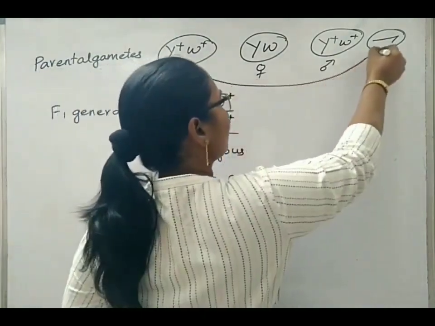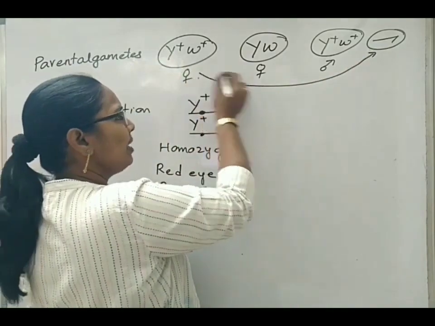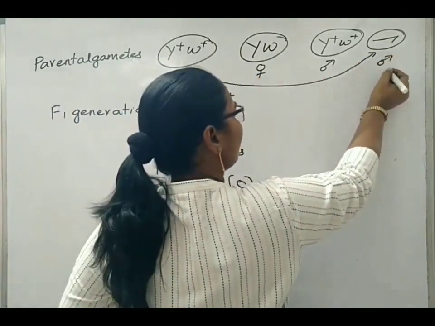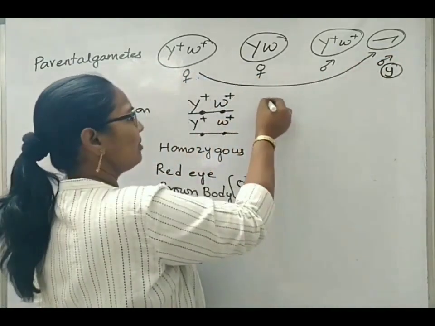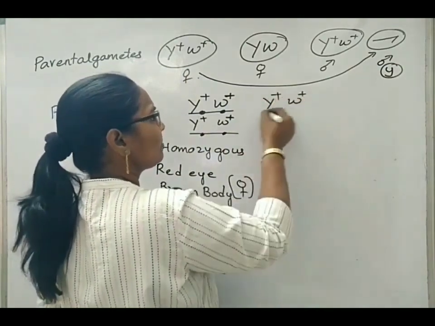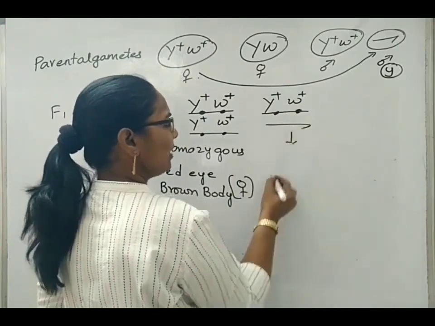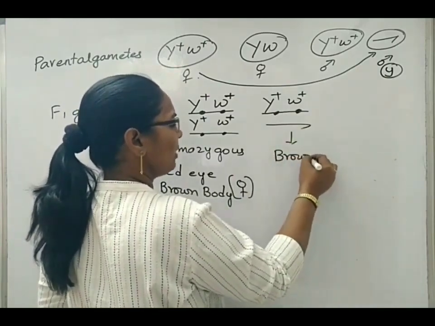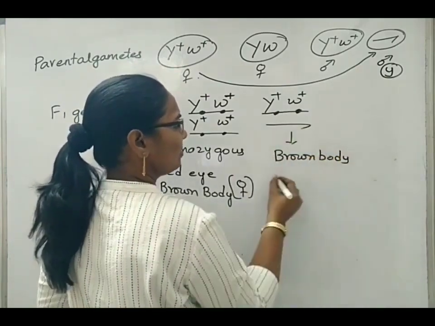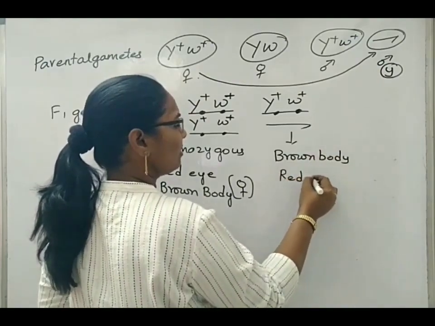When X of female and Y chromosome of male are crossed, then what are the combinations? This is X chromosome with Y. This is indicating brown body with a red eye.